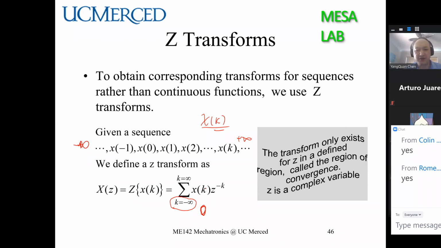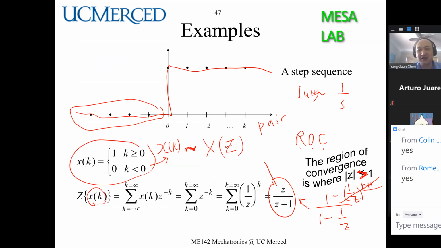K is from 0, that is one-sided. So this is a definition, and it also depends on whether this infinite series will converge. Usually it will. You can always construct an example that is not convergent. We don't discuss those cases, okay?